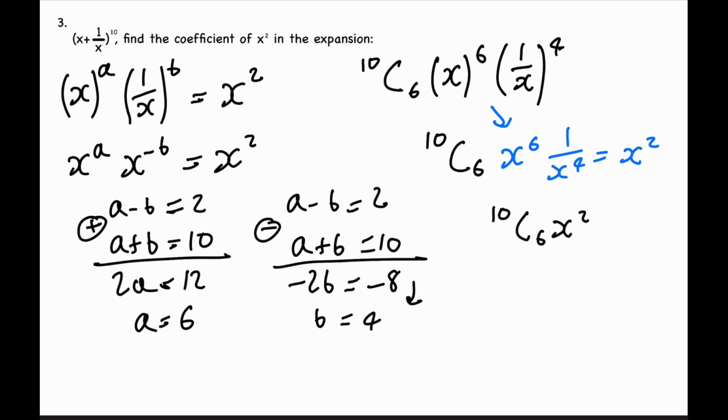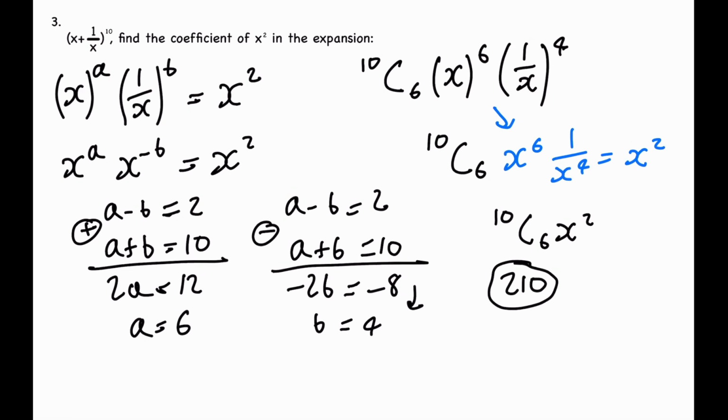So the coefficient would be 10 choose 6, which is equal to 210. This is the coefficient, and that's the answer to the question. It is also worth knowing that the sum of the powers, a plus b, in the expansion is always equal to n, for any term in the expansion.